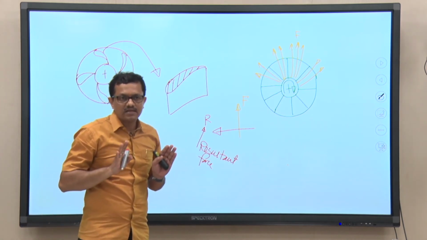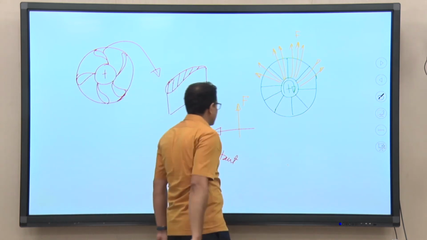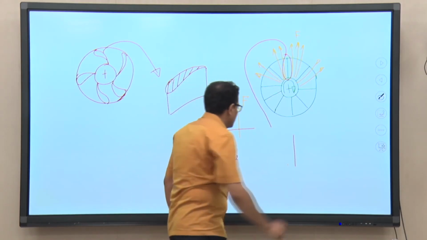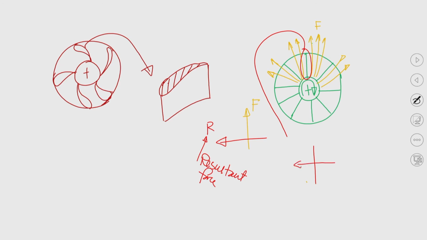If you have understood it, the question now is, because of this resultant force, if I take a particular blade, if I take out this particular blade and draw it over here, you can understand one force will be acting, that is R. Because of this force, the pressure acting on this surface will be high.